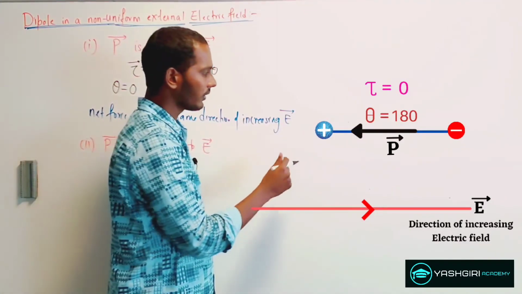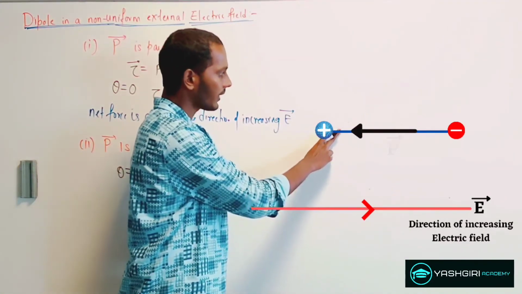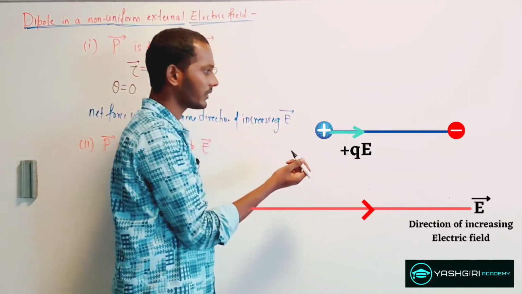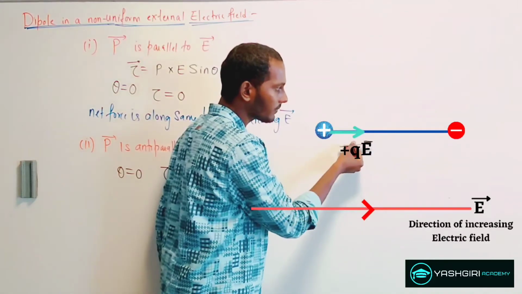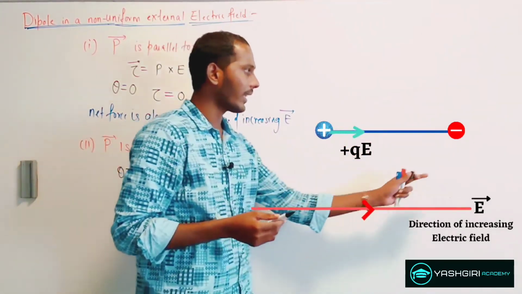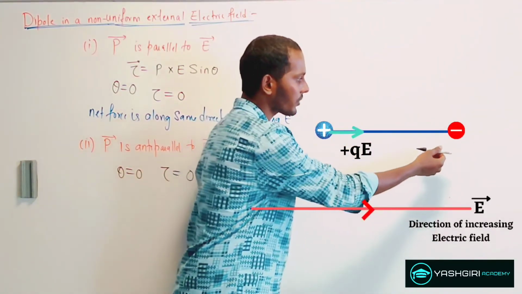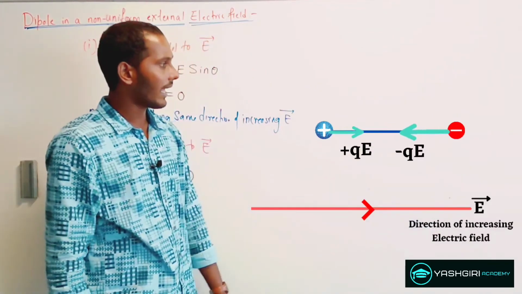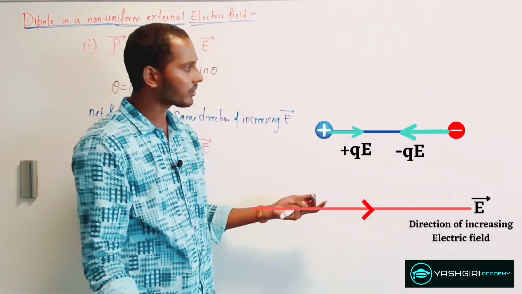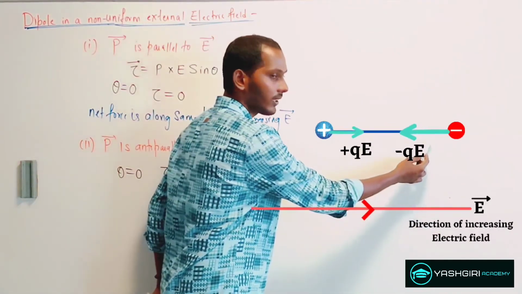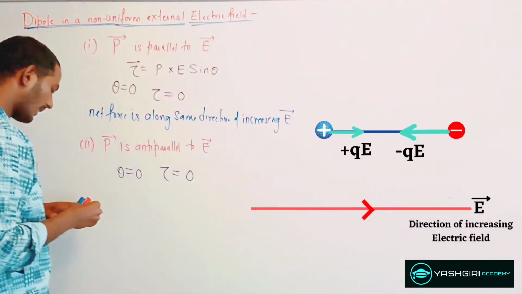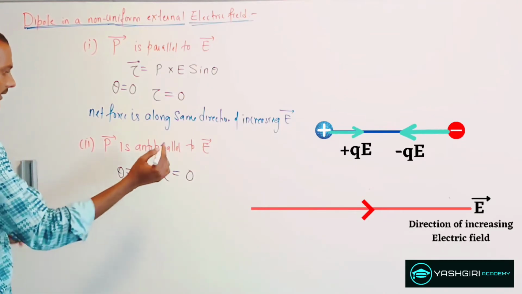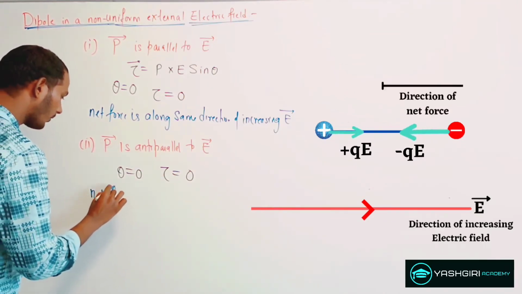Here, this is my positive charge, so it is going to experience a force in the direction of the electric field, which will be pointing towards the right, while the negative charge will experience a force towards the left. And if you see the net force, this will be the dominating force, because the strength is higher.